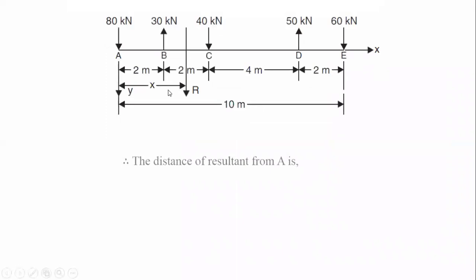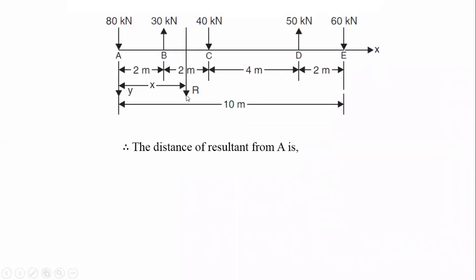Now let us consider the resultant R. It lies at a distance x from support A, and the moment which is caused due to this resultant R is R into X. This R into X must be equal to the moment caused due to all other forces, that is 300 kilonewton meter. Now R into X is equal to summation of all moments about point A, and we have to find out X. X is equal to summation MA divided by R.